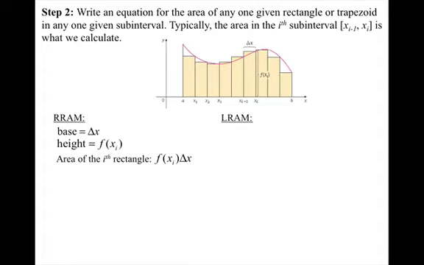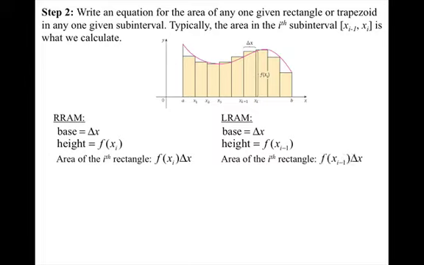For the left rectangular approximation method, my base is still change of x, but this time my height is going to be the y value at the left x value of the interval. So f of x sub i minus 1. So the area of the ith rectangle for this one will be f of x sub i minus 1 times the change of x.